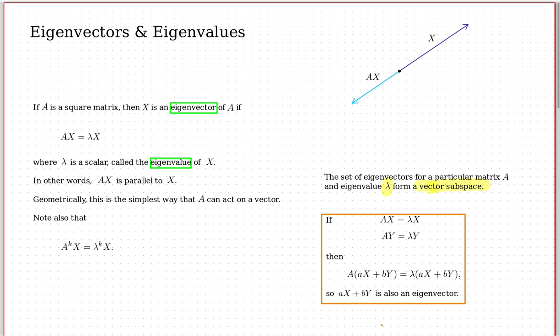Right? It's very simple to show that if x is an eigenvector with eigenvalue lambda, and y is also an eigenvector with eigenvalue lambda, then if you take any linear combination of x and y, when you multiply by A, you're just going to pick up a factor of lambda in both terms. So that shows that ax plus by is also an eigenvector with the same eigenvalue. So that's a useful thing to know.